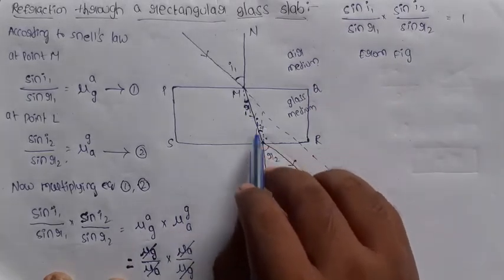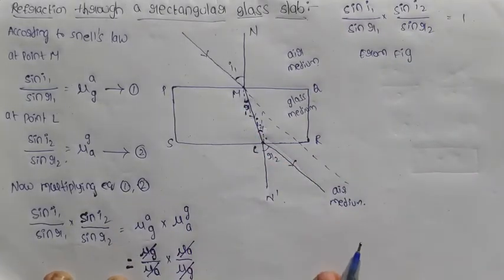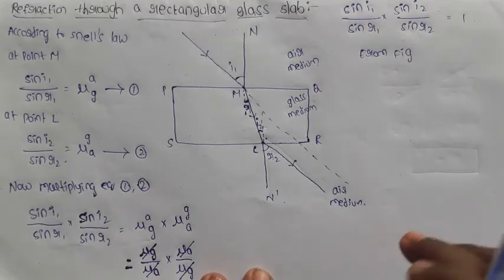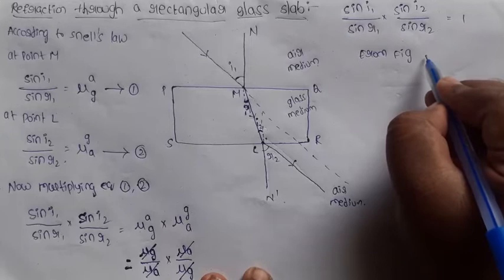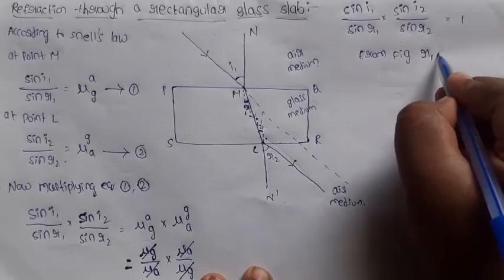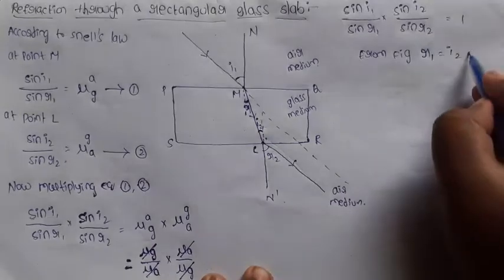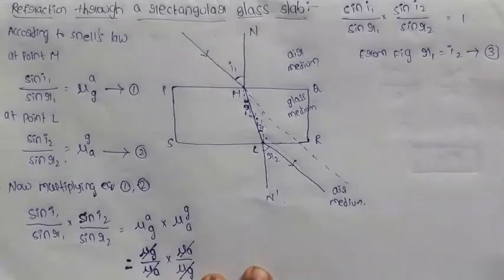These two are opposite angles. According to geometry rules, opposite angles are equal to each other. So angle R1 is equal to angle I2. This is equation 3.